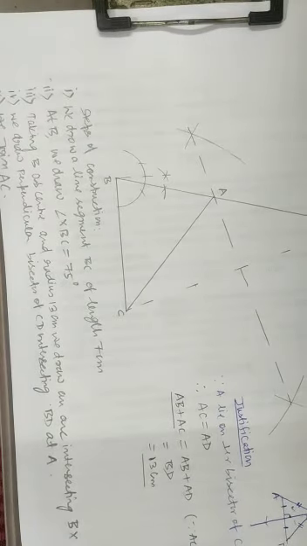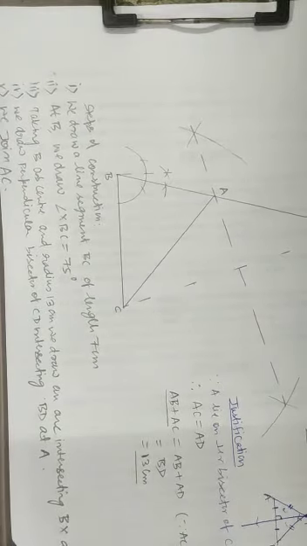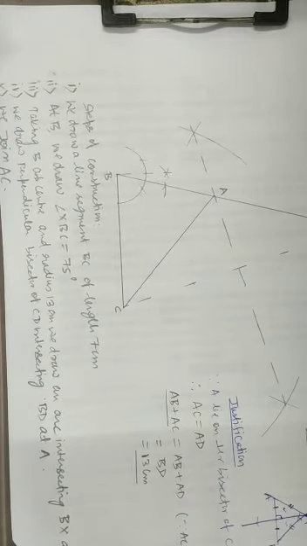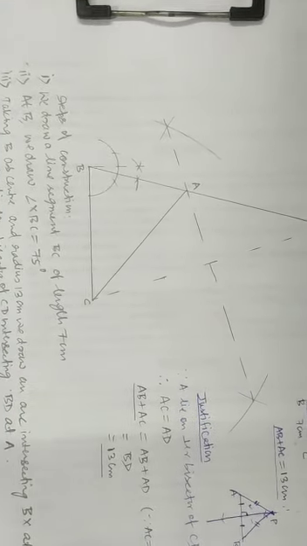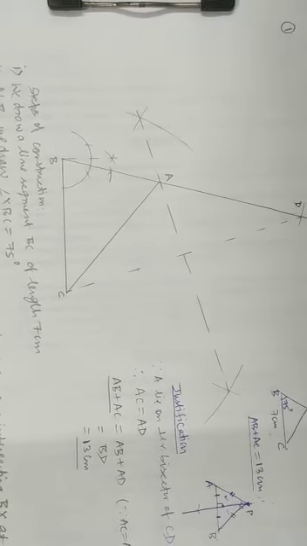So these are the steps of construction. And finally, you must not forget to write at the bottom, that therefore triangle ABC is the required triangle, which will not be a part of the steps of construction. So these are the 5 steps for the steps of construction for this particular question.